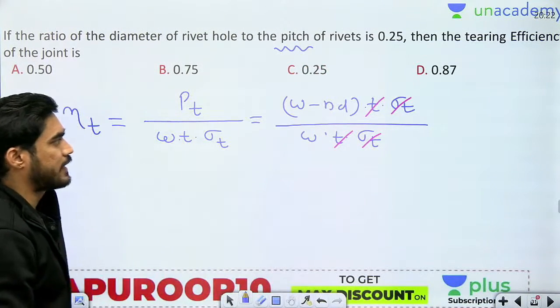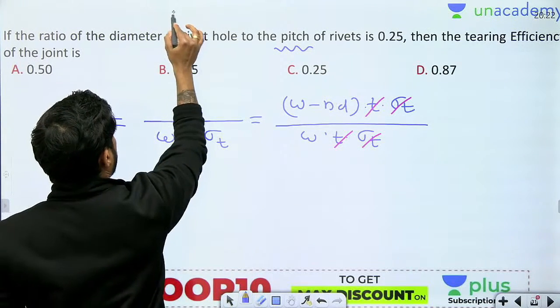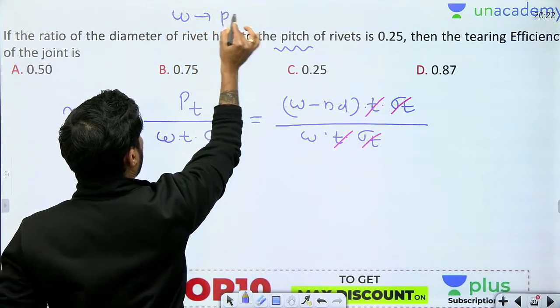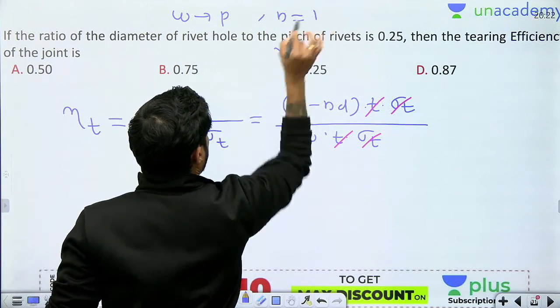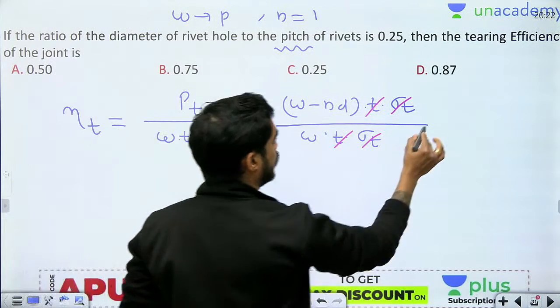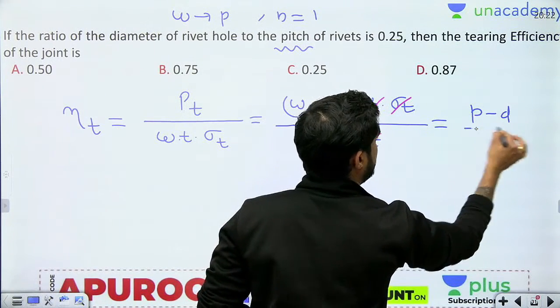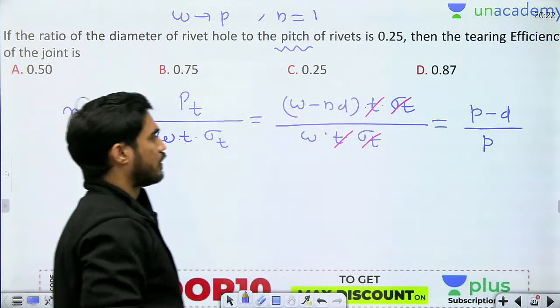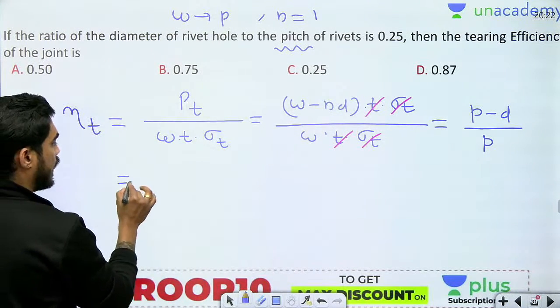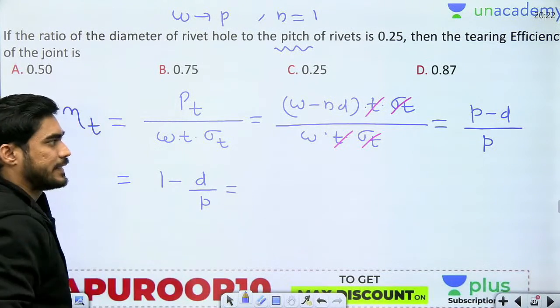So whenever pitch is given, I told you what you need to do. You need to replace W with P and N with 1. तो अगर मैं W को P से और N को 1 से रिप्लेस कर दूं, then this one will become P minus D by P, or I can say 1 minus D by P, right?